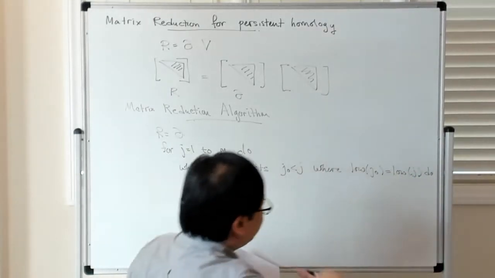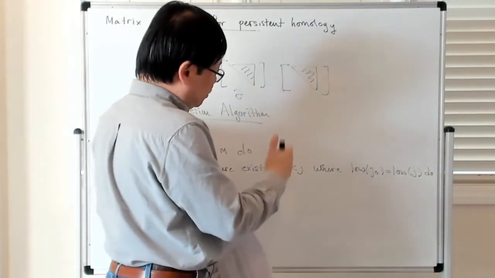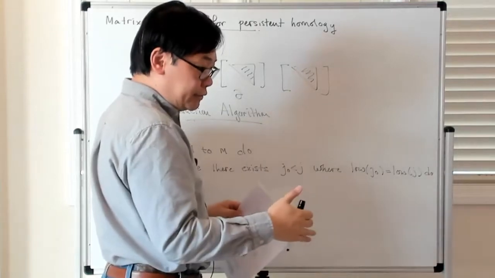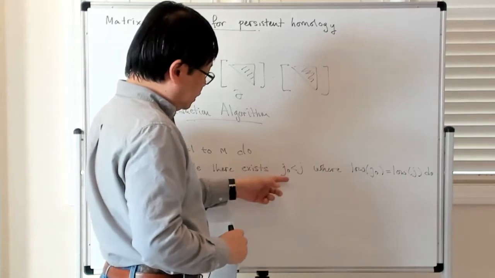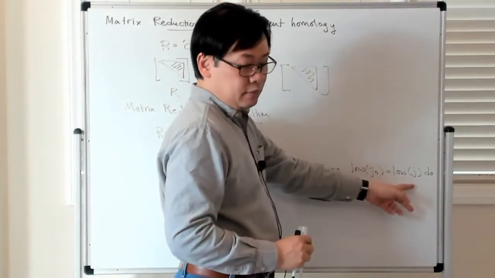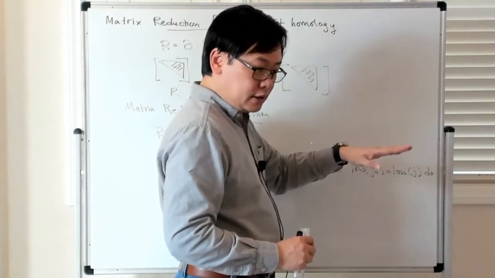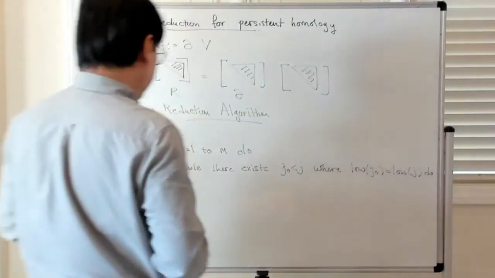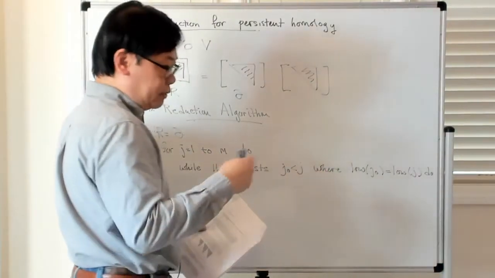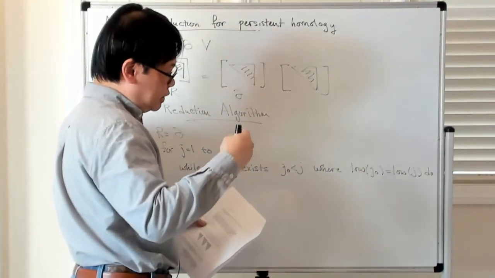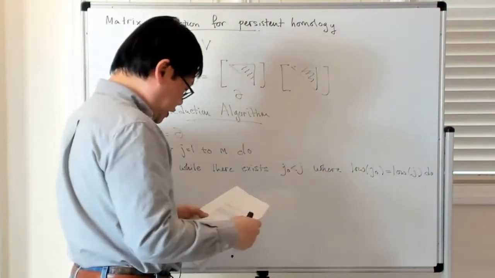You want to avoid the condition where you have two non-zero columns such that they have the same row where the lowest one occurs. If that happens, then what you do is add column j0 to column j.